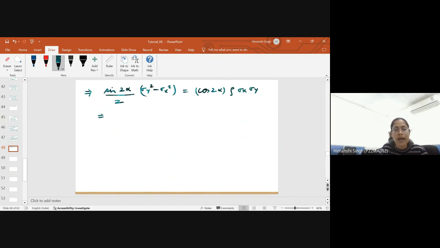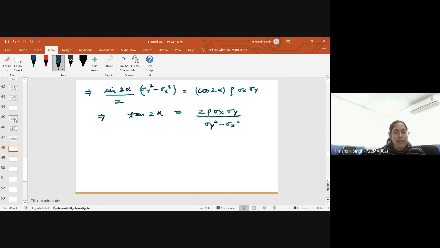Which implies, if I take this cos 2 alpha here, this will be tan 2 alpha, which will be equal to 2 rho sigma x sigma y over sigma y square minus sigma x square.